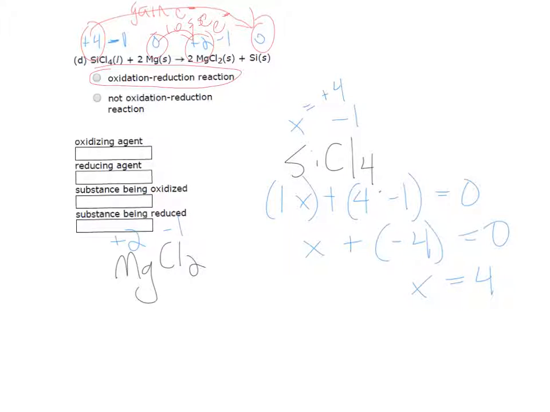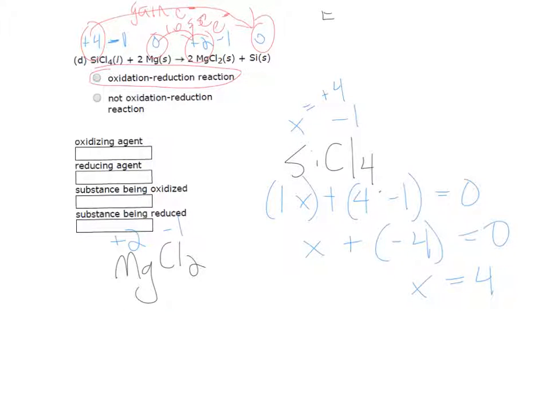The oxidizing agent is the compound that contains the element that was reduced. I'll repeat that. The oxidizing agent is the compound that contains the element that was reduced. And I should specify, it's the compound on the reactant side. So maybe we should record this.